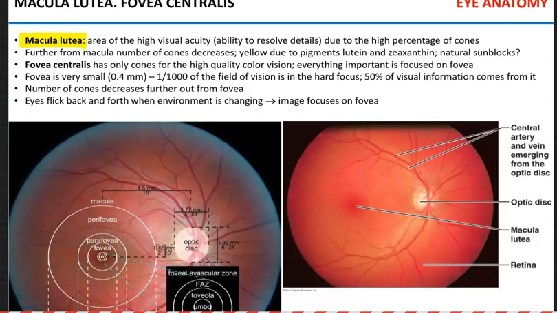As a matter of fact, it's not super yellow, but if you take a glance into the eye with the ophthalmoscope, the little light that they shine, you're going to see that spot. Okay? What is so interesting about that spot? This is the spot that has a high percentage of cones, which means it has high acuity, exceptional ability to distinguish the details.